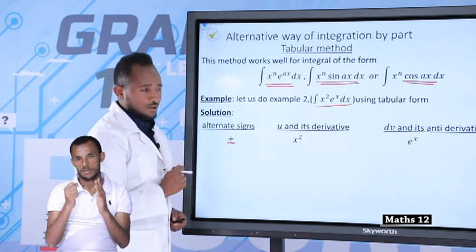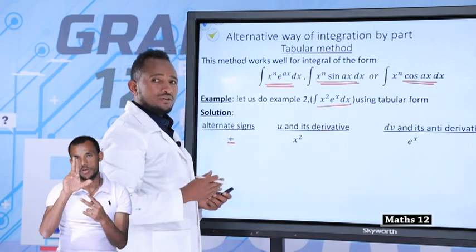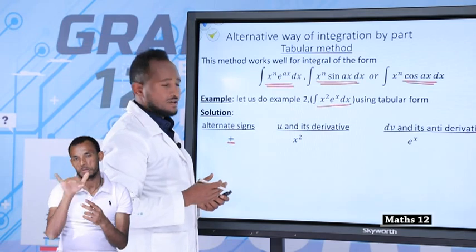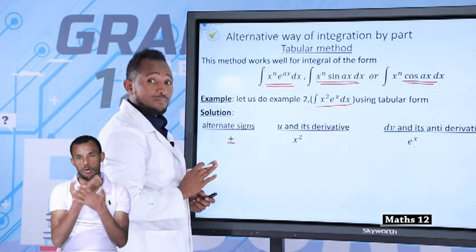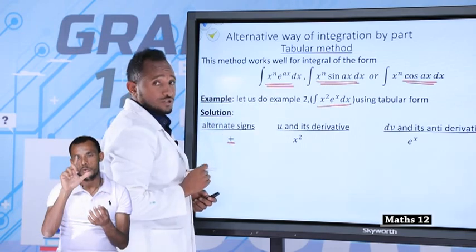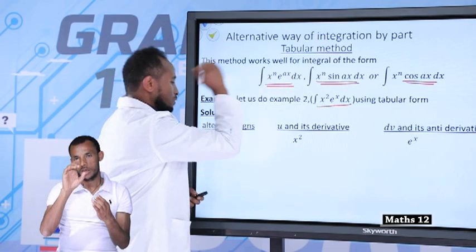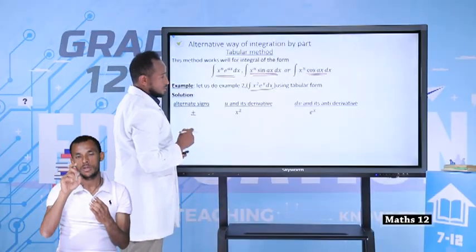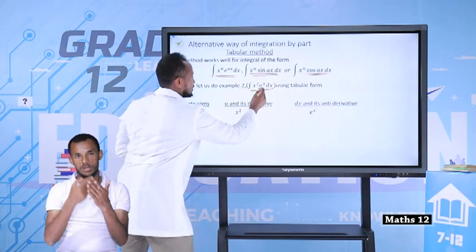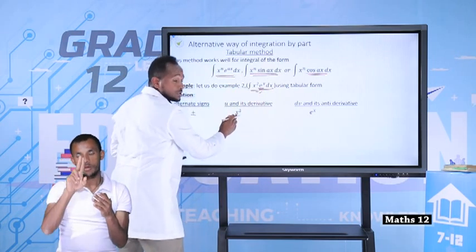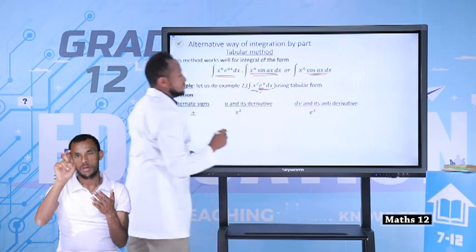The selection of u and dv is similar to the previous one: for this form, u is the polynomial part, and e raised to x will be the dv part. So u will be x squared here, and e raised to x will be dv.